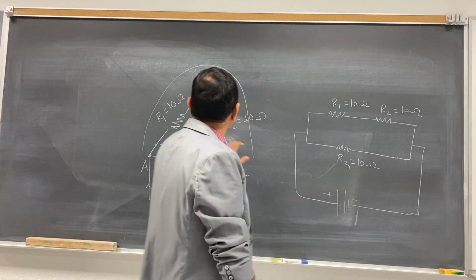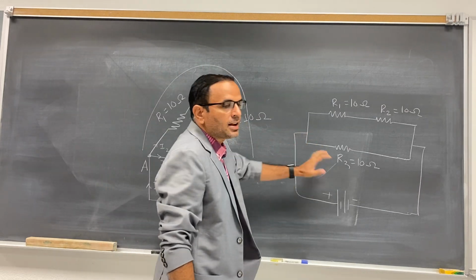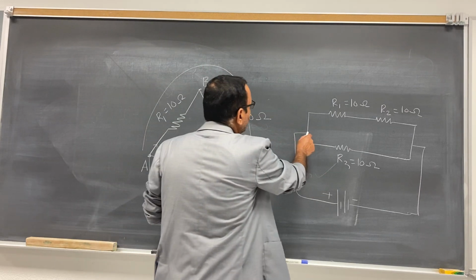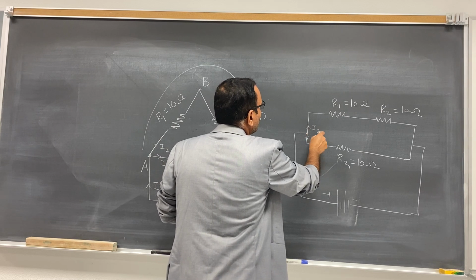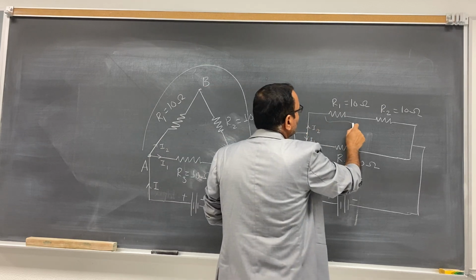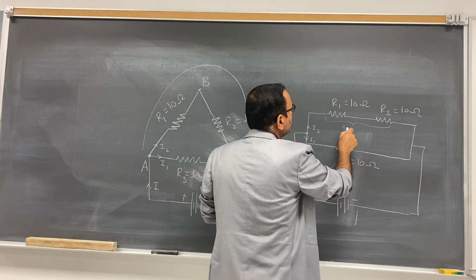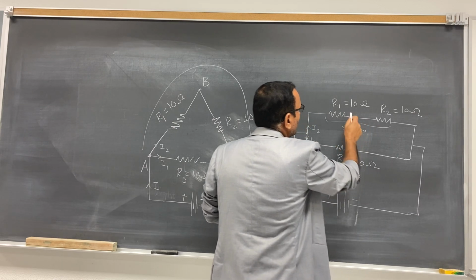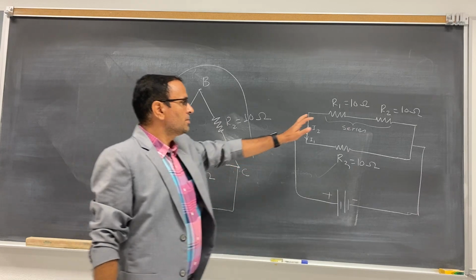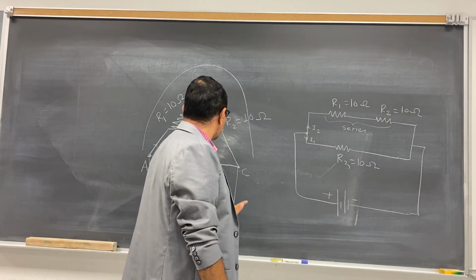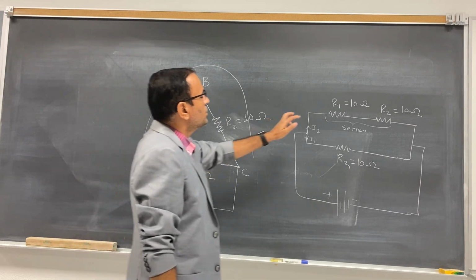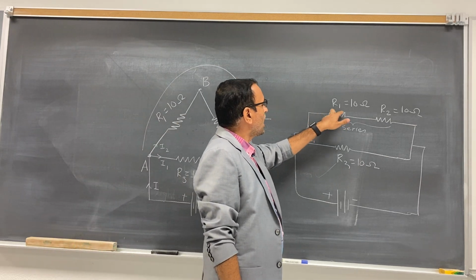Now look at this. This circuit and this circuit are exactly the same. Right here there is a division of current, so here you have I1, here you have I2. But look at R1 and R2: these two resistors are in series, because there is no division of current here. So first, get the total resistance of R1 and R2.